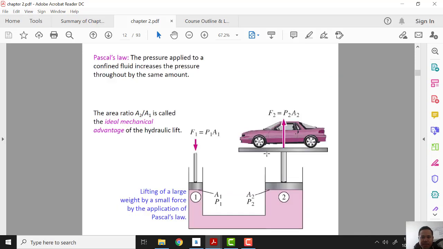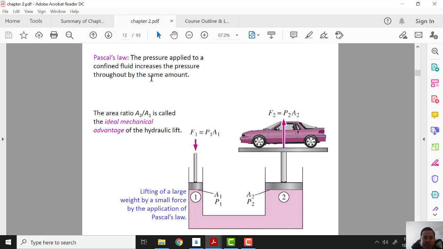The pressure we are talking about comes from Pascal's law. The pressure applied to a confined fluid increases the pressure throughout by the same amount. The area ratio A2 over A1 is called the ideal mechanical advantage of the hydraulic system.